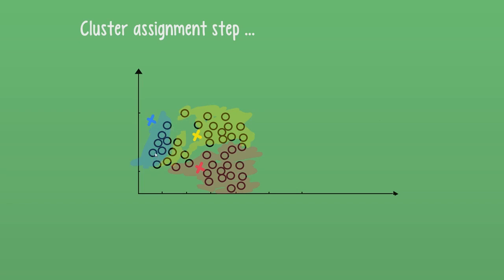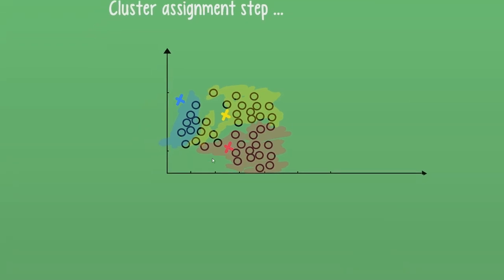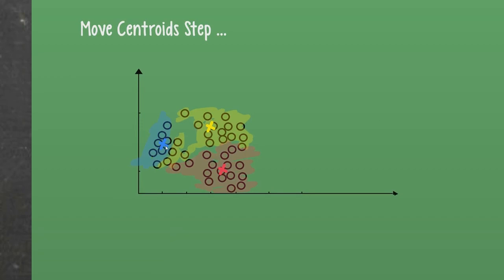For example, 1, 2, 3, 4, 5, 6, 7. 7 data points. We divide by 7. We have the average. By the mean, we mean the average. We have the average almost here. So this centroid, we move it here, and then we calculate the average of this cluster. It's gonna be almost here. So we move it here, and then for this red one, the mean gonna be almost here. So we move it here. The result is gonna be like this.